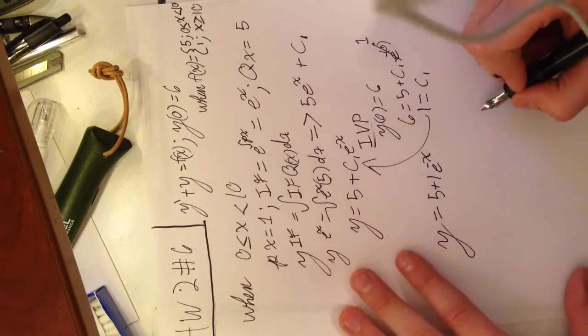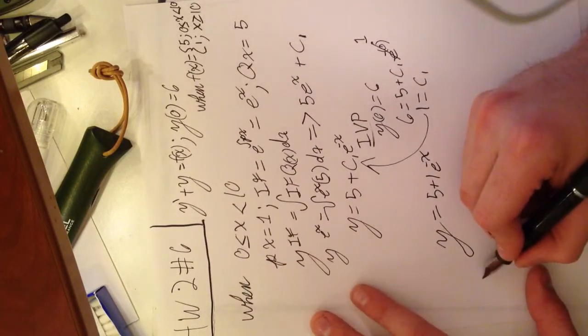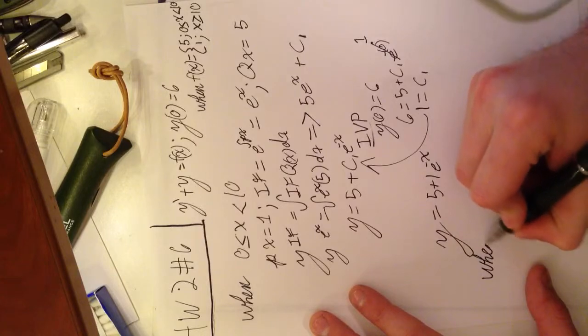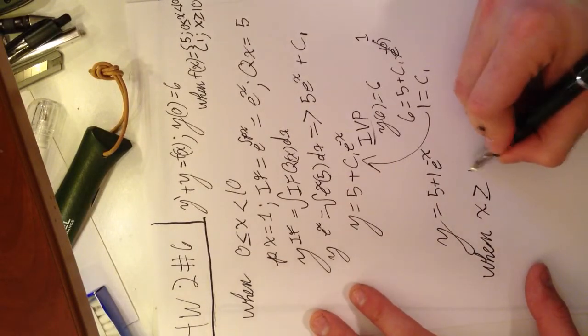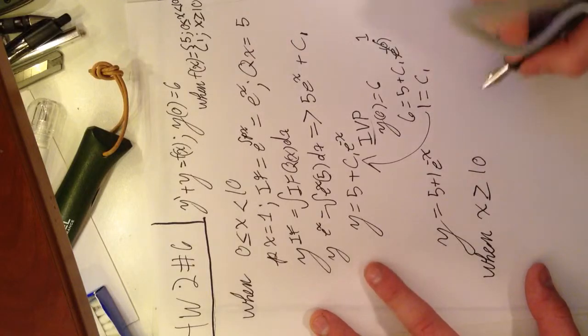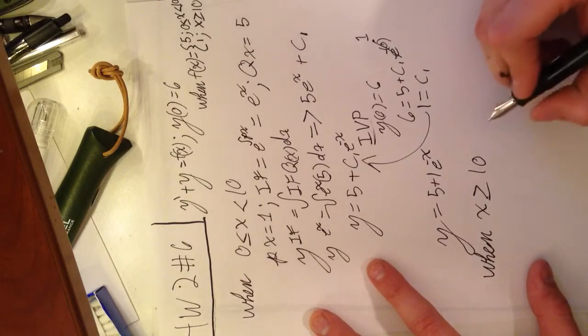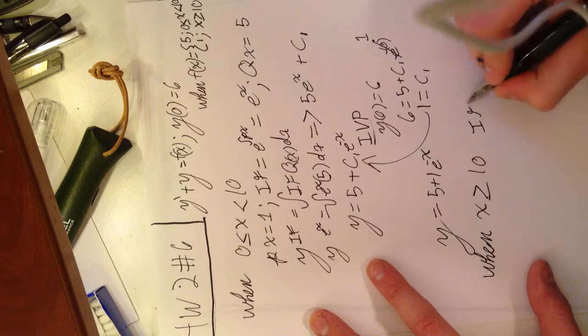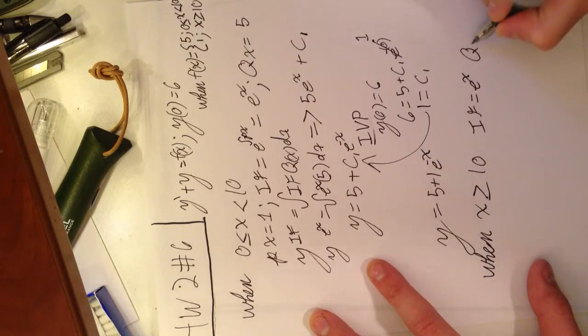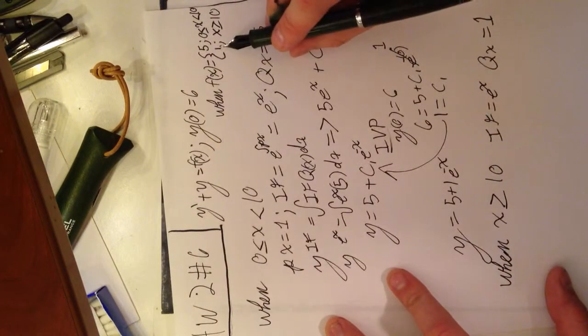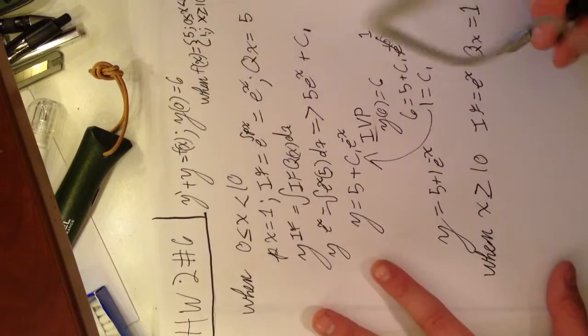Okay, now that we have solved that, we're going to solve for when x is greater than or equal to 10. We have to go through the same method. Our integrating factor is equal to e to the x, and our q of x value is equal to 1 this time, because it is specified up here that it is 1.